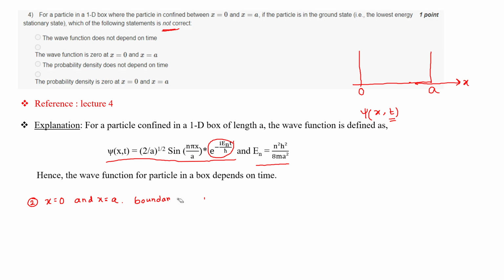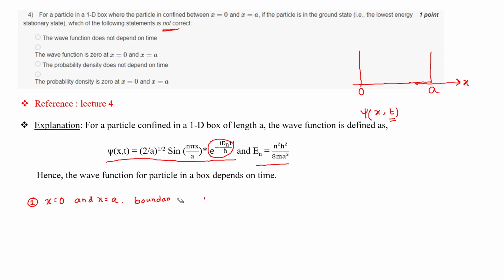So c square into e to the power plus i E n t by h cross minus i E n t by h cross.